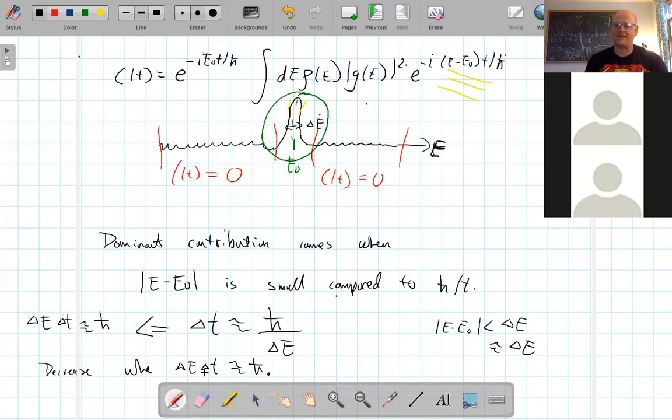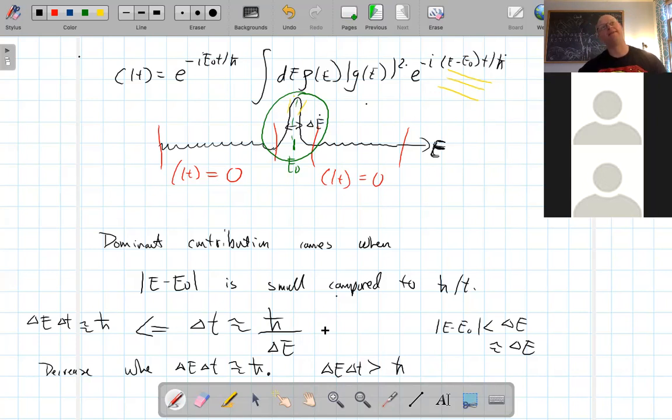It comes from the fact that the correlation function starts to go to 0 when this occurs, right? Anything greater than this, the correlation function is basically going to go to 0. So when delta E times delta t is greater than h bar, the time evolved state has nothing to do with the original state. So it starts to lose its identity when these two things are approximately the same. So this is the energy time uncertainty relation within quantum mechanics. This is where it actually comes from.